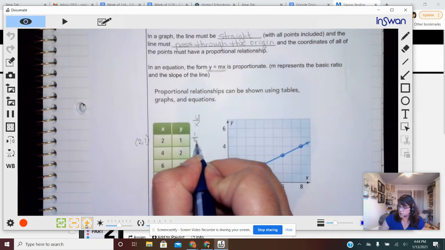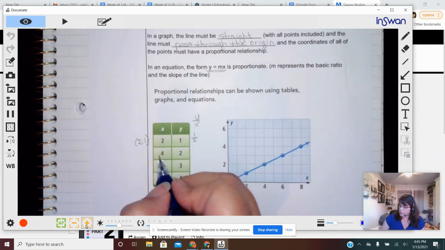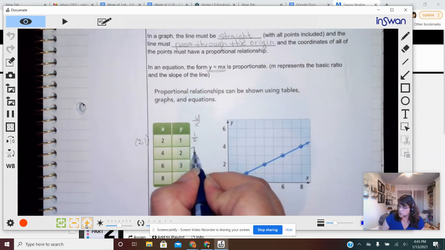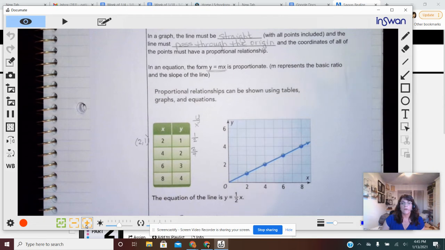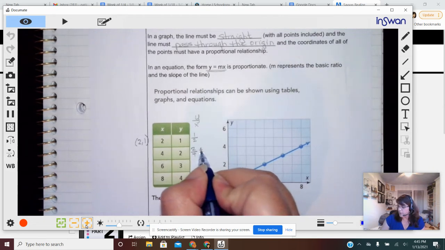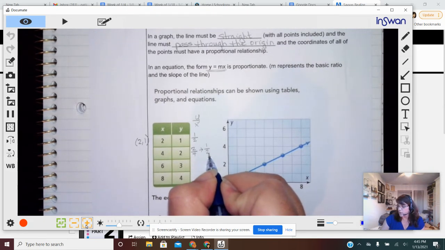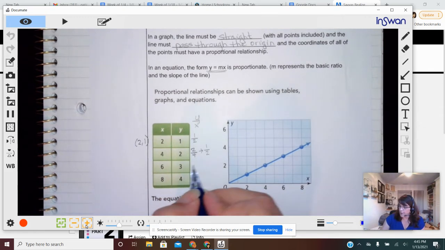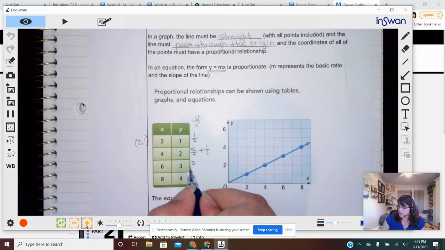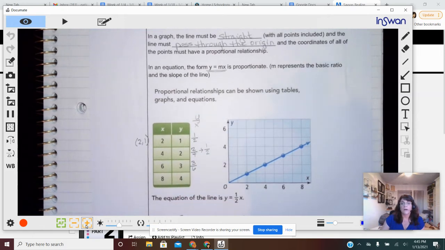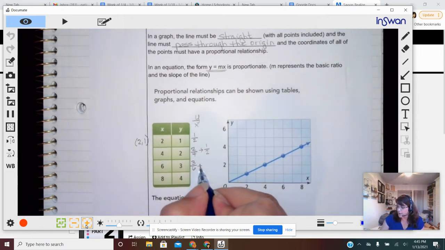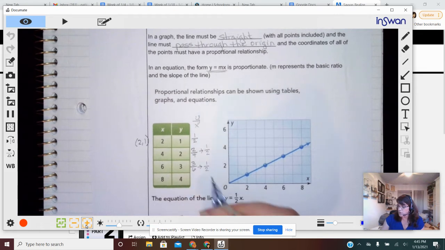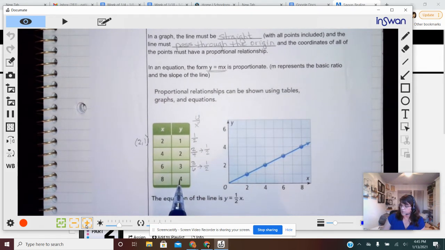So 1 to 2. Well, this proportion is 2 to 4. But if we simplify that, isn't that 1 to 2? This one, y over x, would be 3 to 6. Again, if we simplify that, 1 to 2, this one would be 4 to 8.